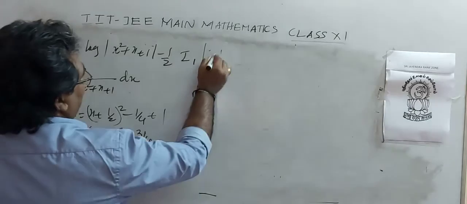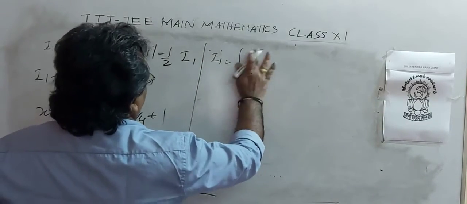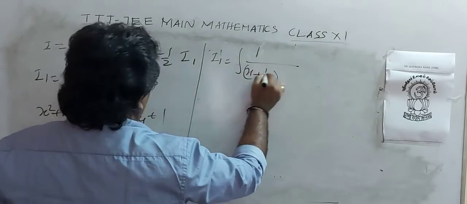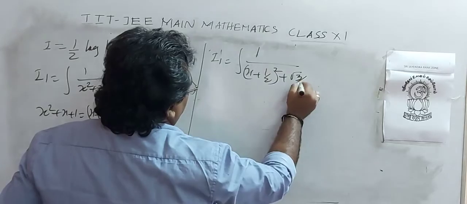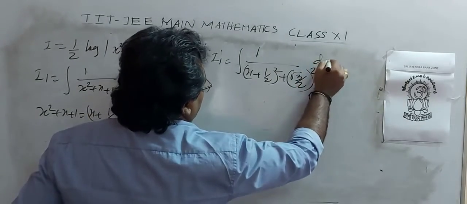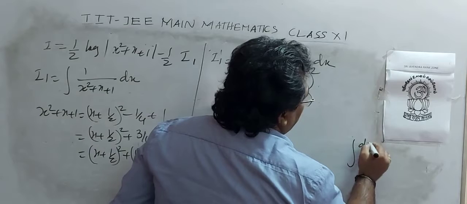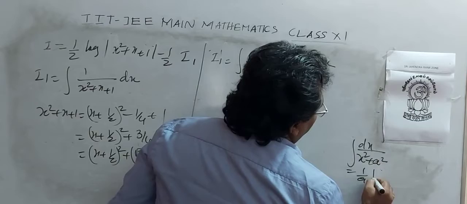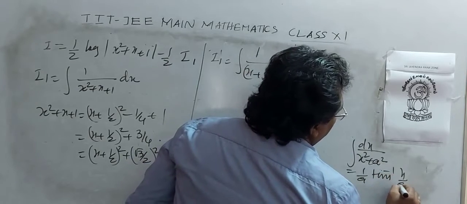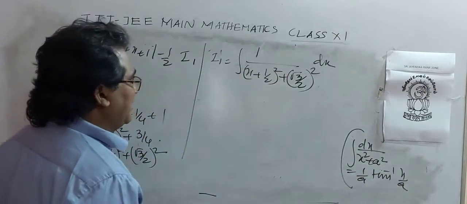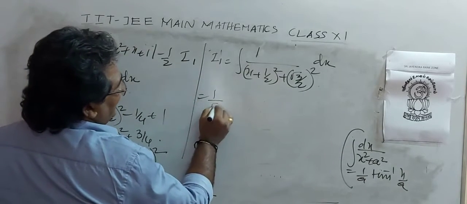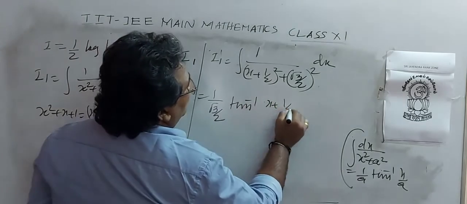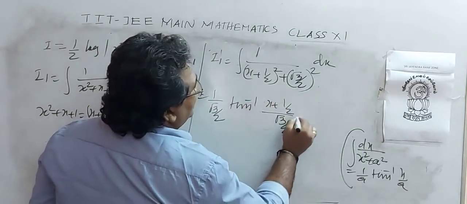So I1 equals the integral of 1 by (x + 1/2)² plus (root 3 by 2)² dx, and dx by (x² + a²) equals 1 by a tan inverse of x by a. 1 by a, that is 1 by root 3 by 2, tan inverse of (x + 1/2) by root 3 by 2, plus c.